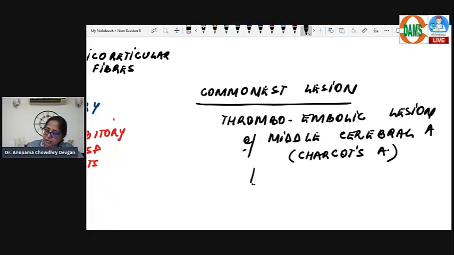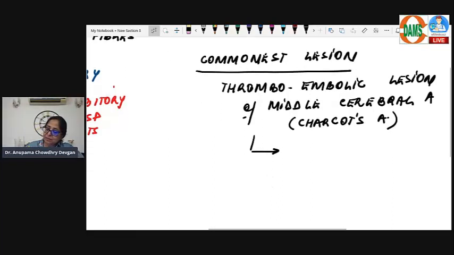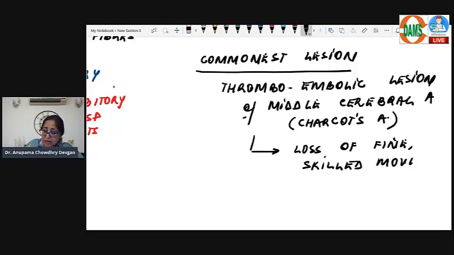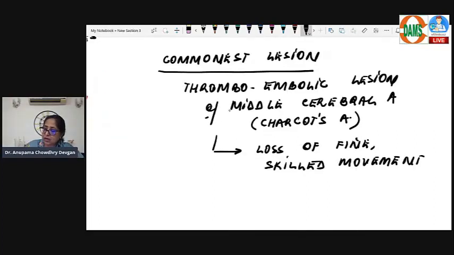Which causes a UMN paralysis. So there is going to be loss of fine skilled movement of the opposite side, and we can understand that. Why is there a loss of fine skilled movement of the opposite side?